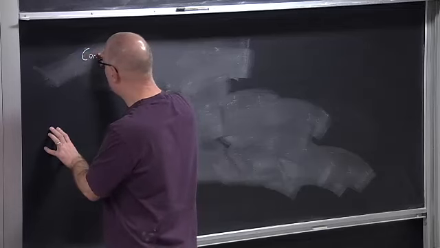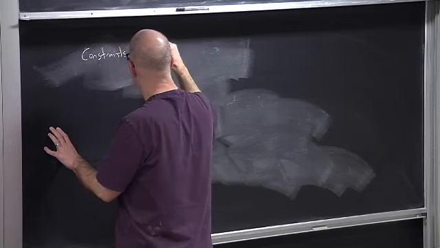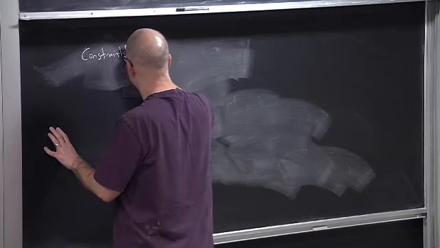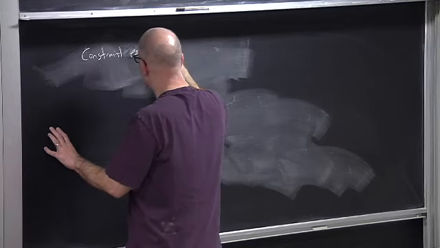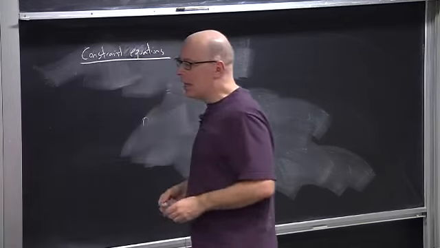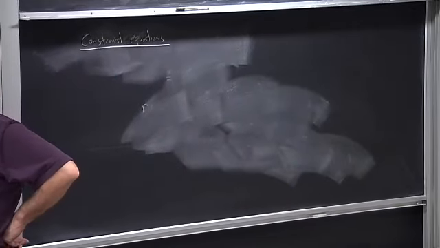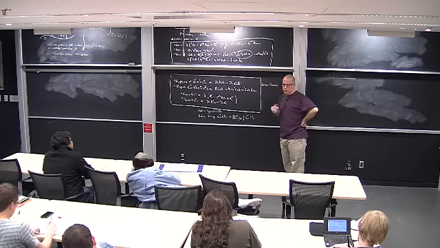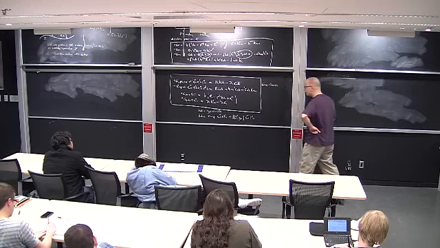So we have to satisfy what are called the constraint equations. And the constraint equations tell us that those components of the Einstein tensor have to be equal to the appropriate components of the energy momentum tensor.